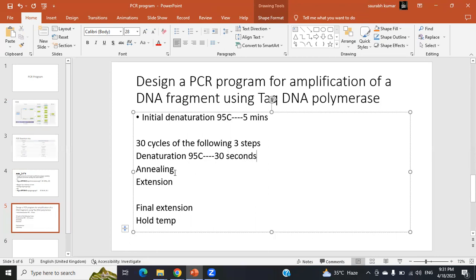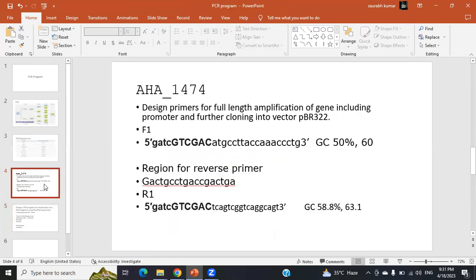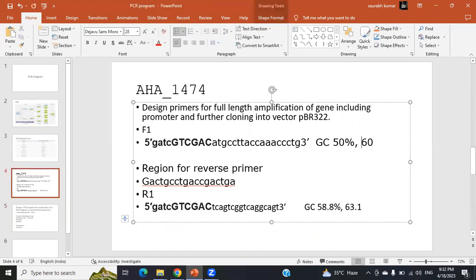Okay. This is then followed by annealing. So for deciding on the annealing temperature, we need to look at the TM of your primers. So I will go back a slide, and here you can see the TM of my 2 primers is 60 degrees and 63.1 degrees.